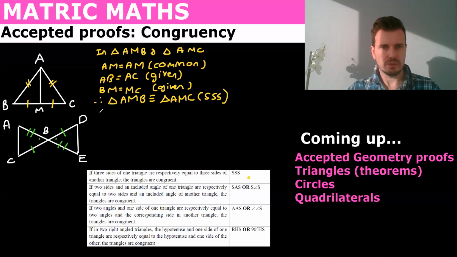So you could say in triangle ABC and triangle, now you've got to write them in the right order. A corresponds to E in terms of those ones being equal, because AB is equal to BE. So you would say triangle EBD.